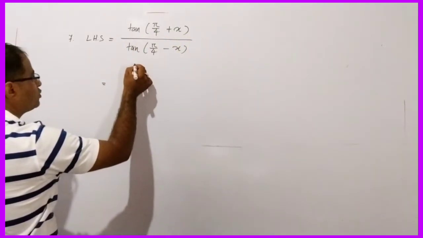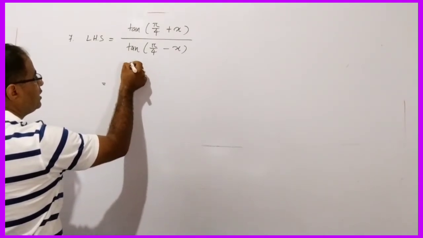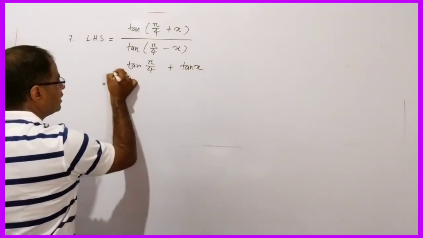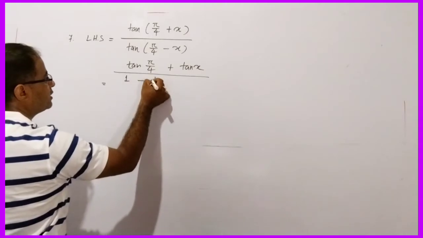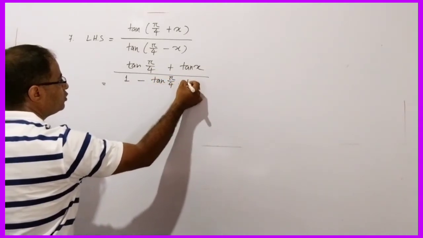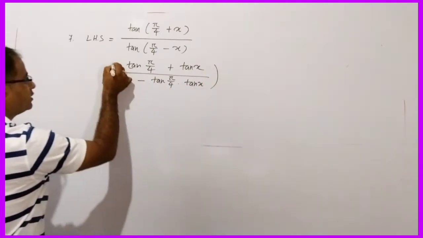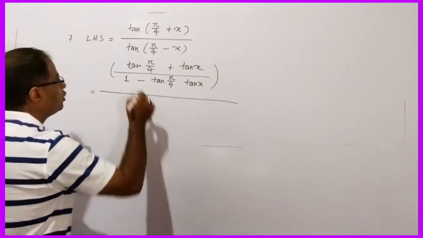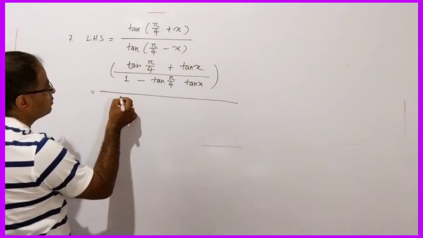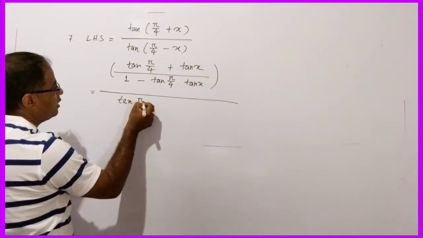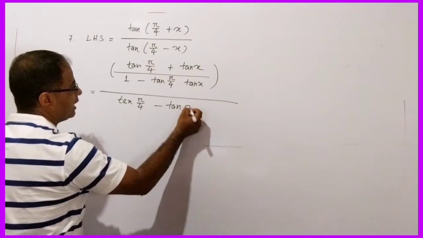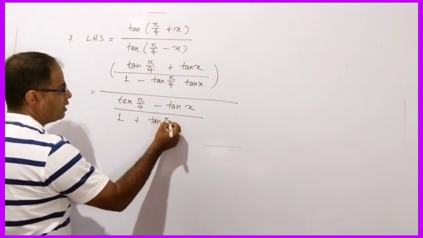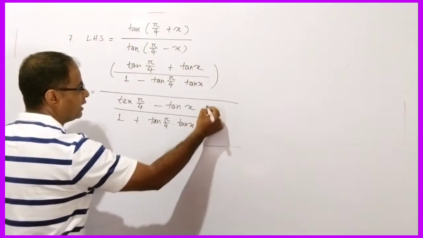Tan of x plus y is tan x plus tan y divided by 1 minus tan x tan y. Here, tan pi by 4 plus tan x divided by 1 minus tan pi by 4 into tan x, which is the formula of tan x plus y. And now in the denominator, apply the formula of tan x minus y: tan pi by 4 minus tan x divided by 1 plus tan pi by 4 into tan x.